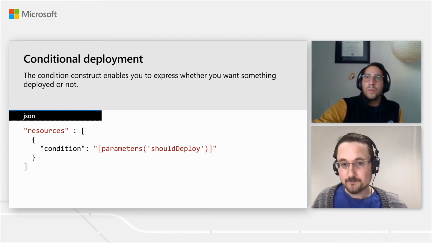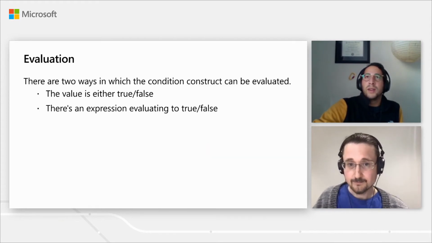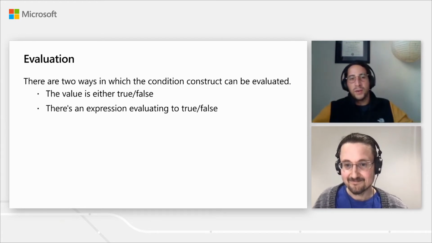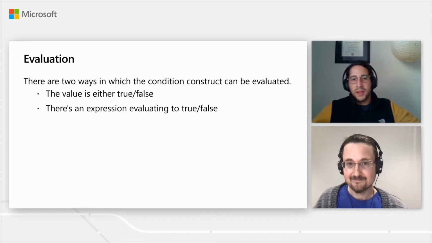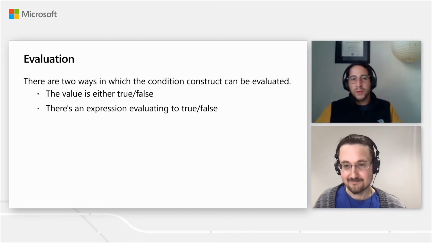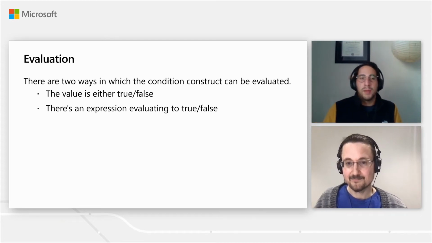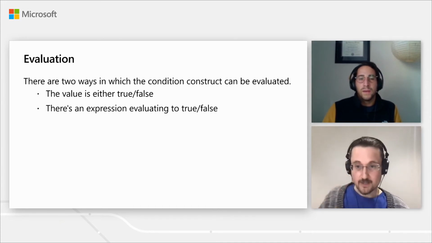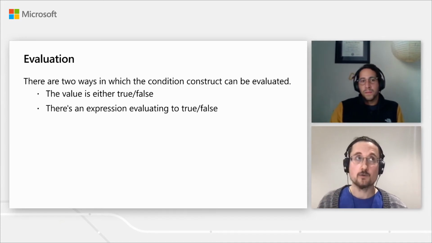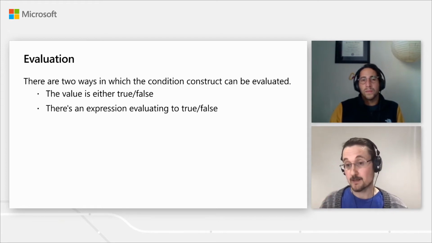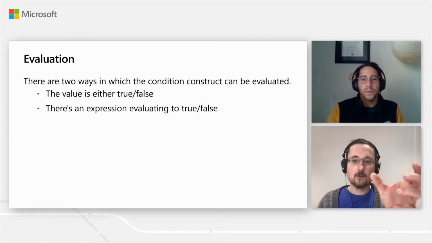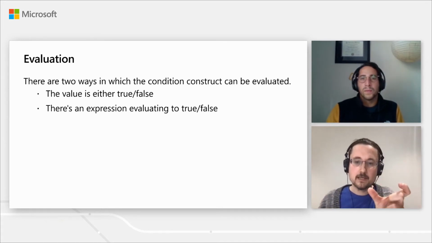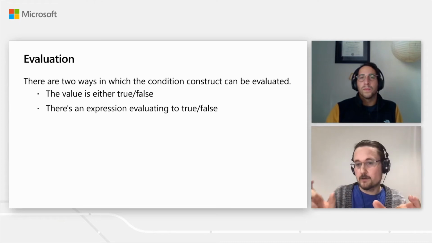Before I continue on, I want to ask you, how do these get evaluated? It looks like it's simple, true or false, but there might be something else on top of that. Great question again. Yes, you can start by passing true or false through the parameters, but by using another template function called equals, we can compare the value that we get in as a parameter value against another custom value.